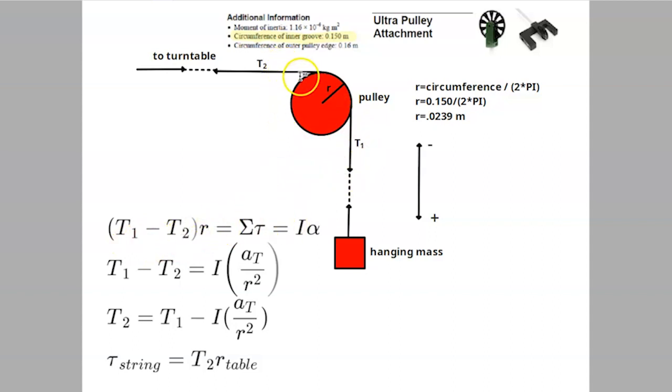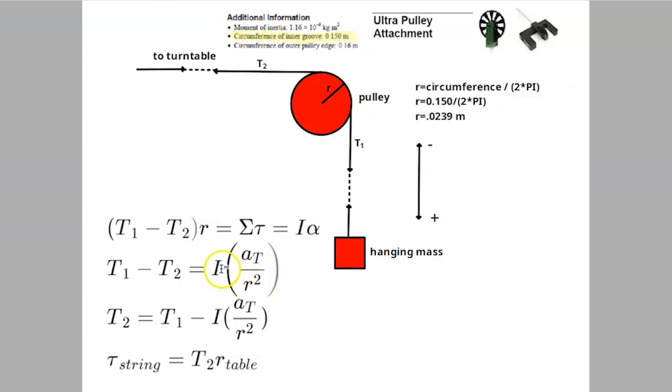T2 times the radius is my negative torque produced by T2, and the sum of those is my net torque. And of course, that equals I alpha. Alpha, we know, is tangential acceleration divided by radius. So I'm going to make that substitution. And this R here is cross-multiplied down to the denominator to make this R squared.